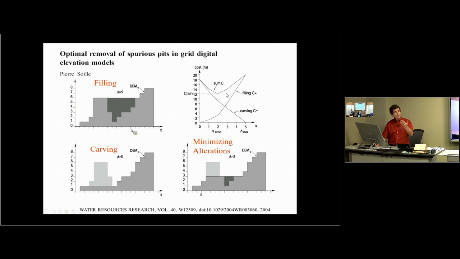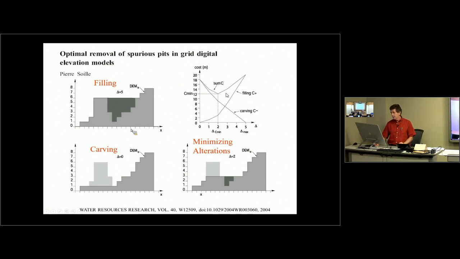This is filling, increases in elevation. When you add them together, maybe you've got some sort of a minimum here that's the optimal or the least alterations to your original data. And the attractiveness of that is, we spoke about the uncertainty in the DEMs, but they are the information we've got. And if we start doing all of these manipulations, we're changing that. We probably don't want to change it more than we actually have to.